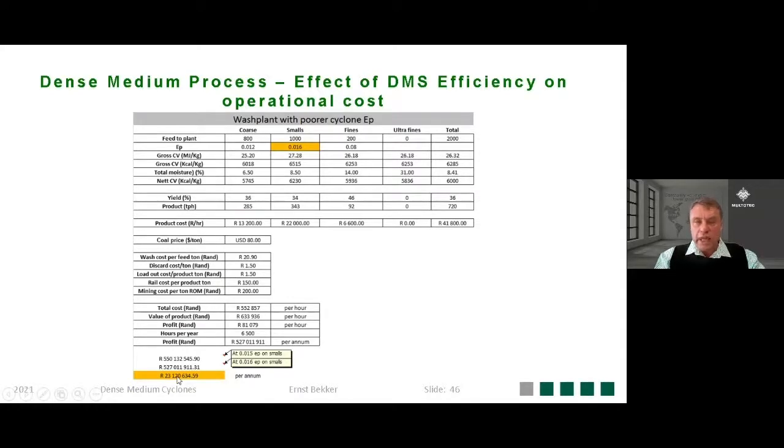And that is the point of making sure that you control your plant correctly. Having proper sampling equipment, making sure the plant operates correctly, making sure that the equipment you use is operating correctly, because that small difference is costing you money.